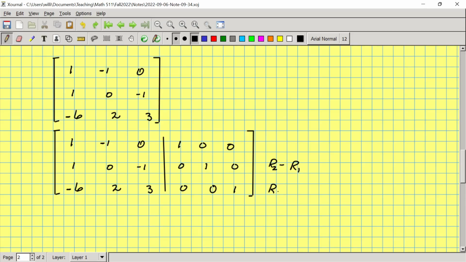As we get into more and more abstract and more complex applications of matrices, it's going to be important for you not to confuse what row you replace.